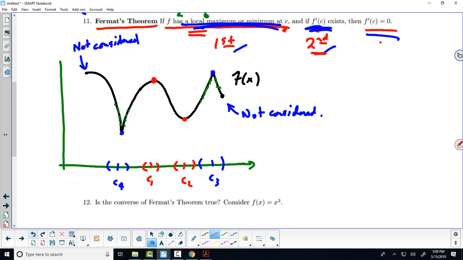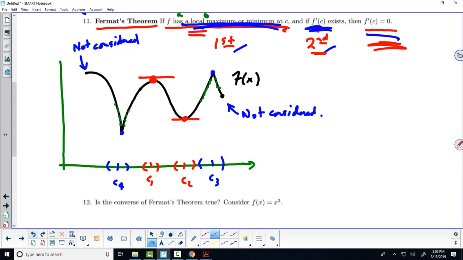So what is the big conclusion of Fermat's theorem? At that point, the derivative must be 0. Well, we look at the graph, and sure enough, it is. Similarly, if we look at C2, in this case, C2 gives us a local minimum. It is differentiable there, and the derivative is 0.